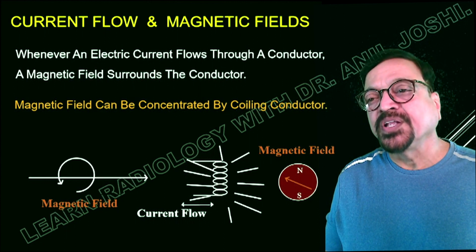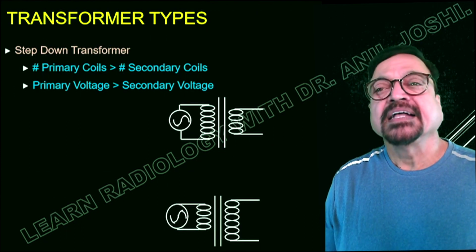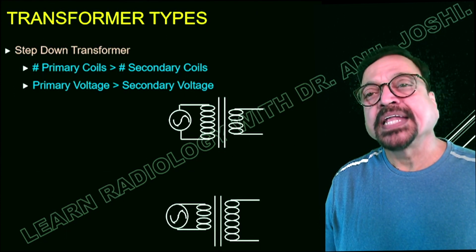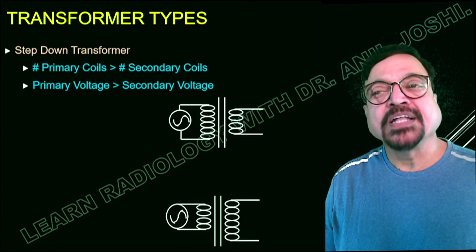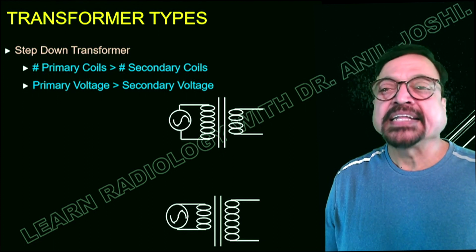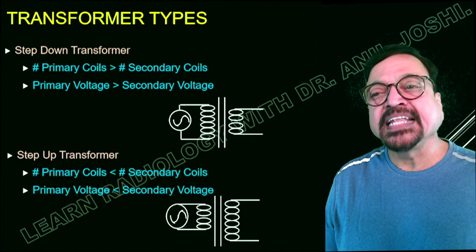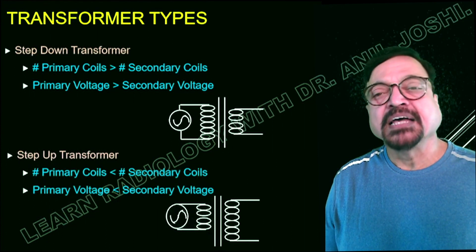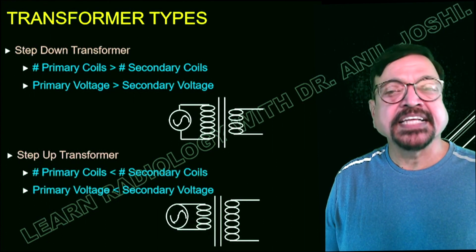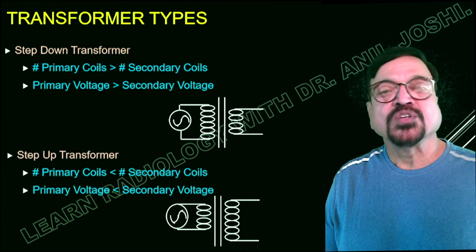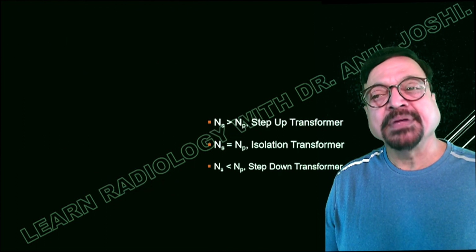Here it is shown. Now this is the calculation by which you can calculate the primary coil to secondary coil ratio, and that will give us either an increase in potential difference or a decrease. But one thing is very sure, when the voltage increases, the current drops. So if kV increases, mA will be less.